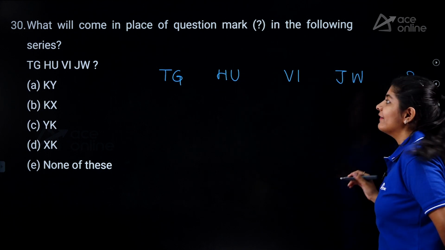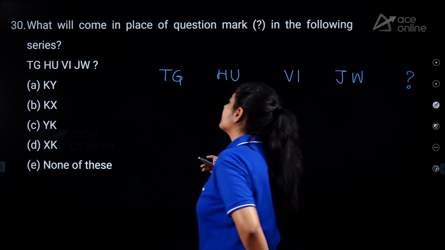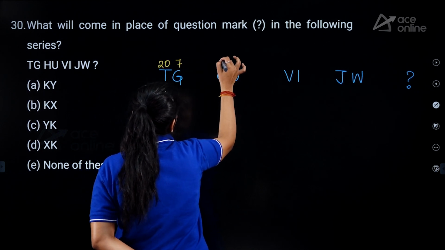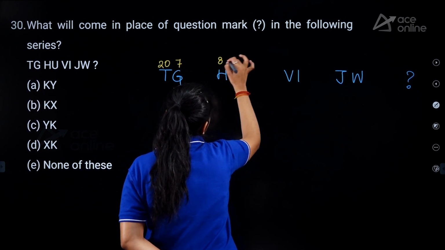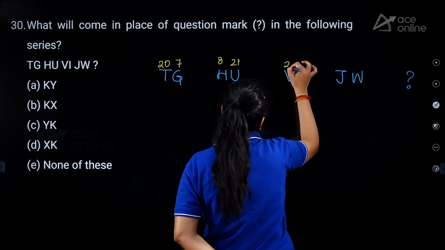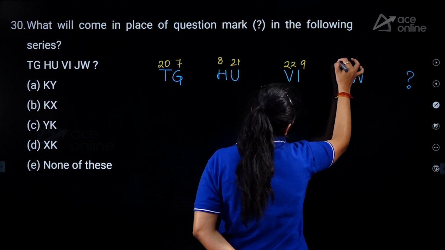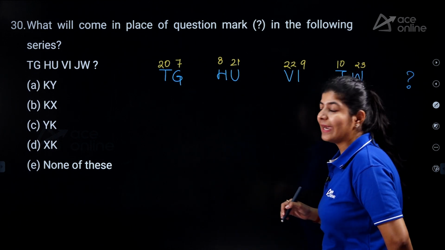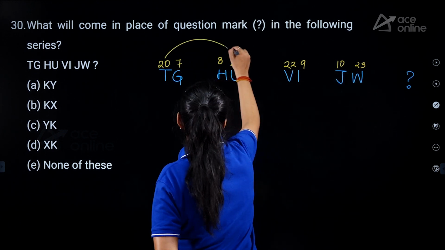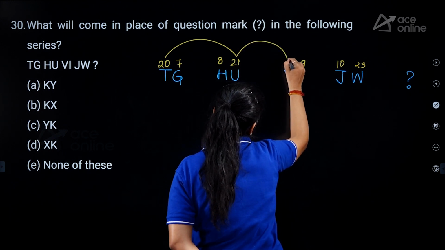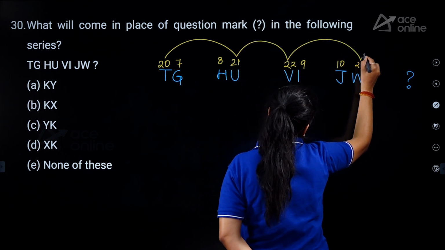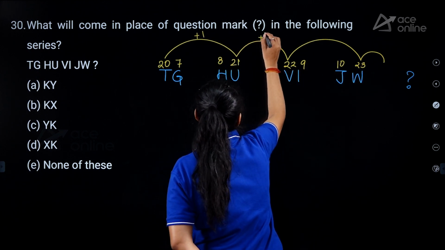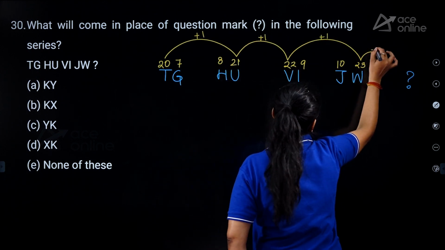Now, whenever we are having these type of things, just simply write down the associated numbers 27, 8, 21, 22, 9, 10, 23. If you will see this, you will get the pattern over here. Here, we are getting a pattern like this, alternate, then there's a gap of 1. That means alternate. So here we will see there's a gap of +1 only.